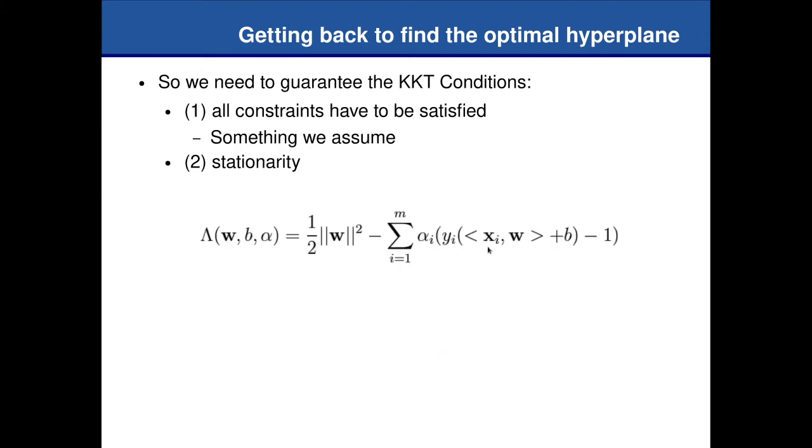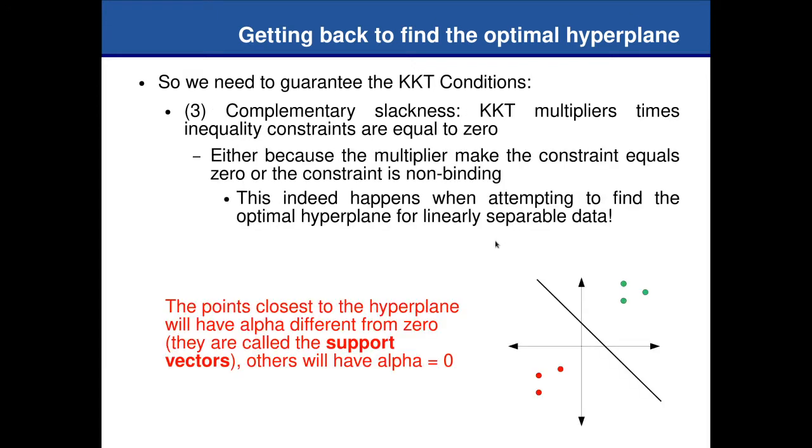Remember, for each point, dot product by my vector plus b, I have to satisfy this constraint. Take a look. It is a constraint in terms of some point that must be positive or negative. Of course, if I satisfy for this closest point, I will be satisfying for those 2. If I satisfy the constraint for this point, I will be satisfying for these 2 points just by definition, because this one is closer to the hyperplane and this one is closer.